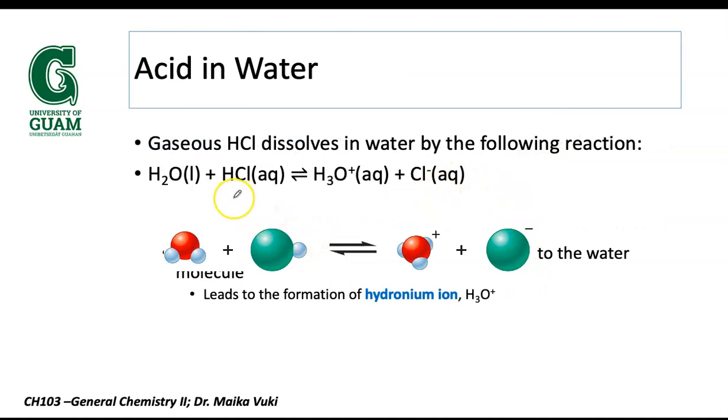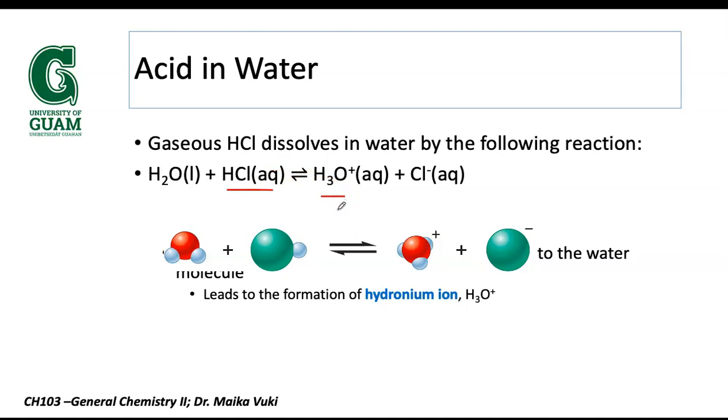So let's look at a typical reaction of an acid in water. This is HCl reacting with water. Notice that we are writing this reaction in the equilibrium sense, as we have already studied this topic before. So water, a pure liquid, dissolving HCl, hydrochloric acid in solution, produces the hydronium ion.